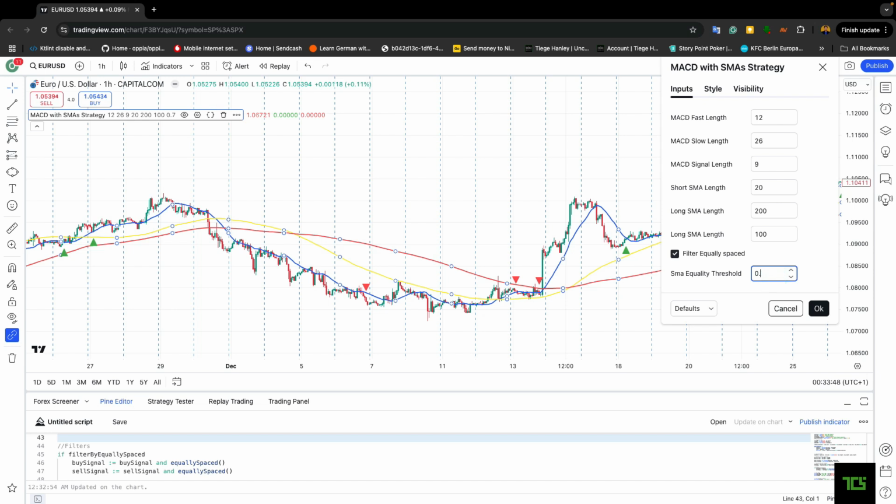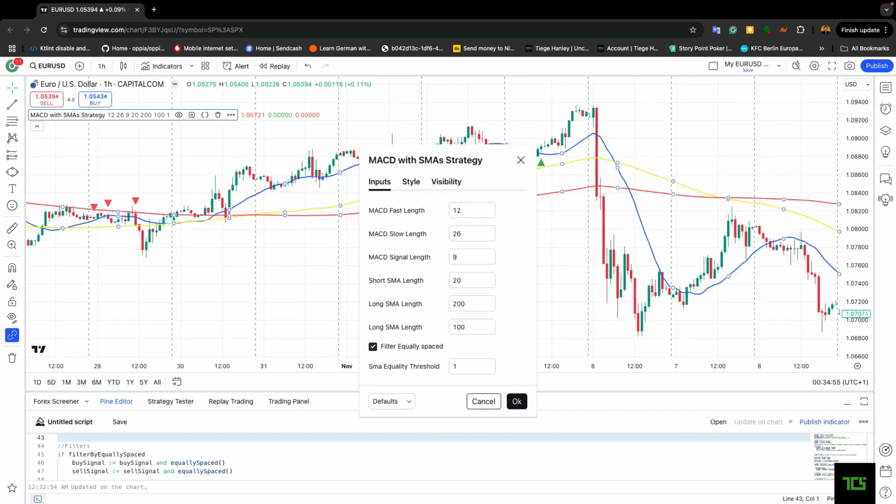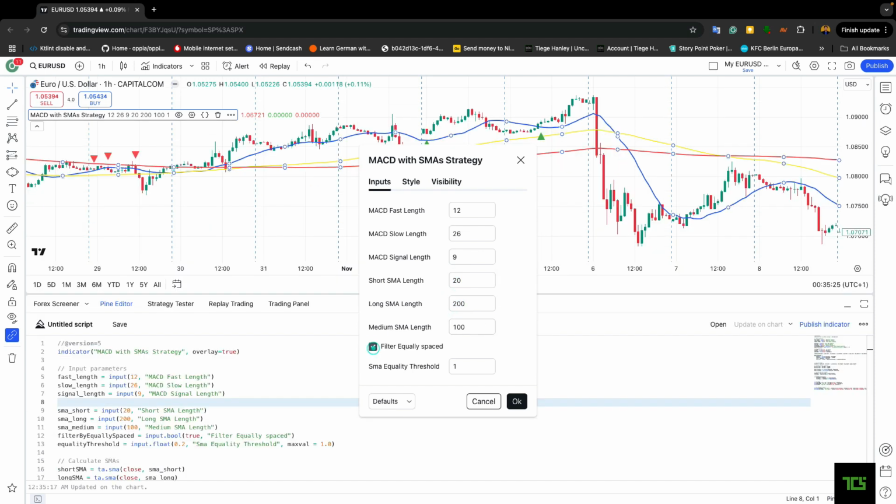I just prefer it to be 0.2 or 0.3, so it's closer to 1-to-1 as much as possible. What is important is for you to change the settings if you want to use maybe the 10 SMA or the 50 SMA or 100 for the long, and the filter is here if you want to filter it or not.